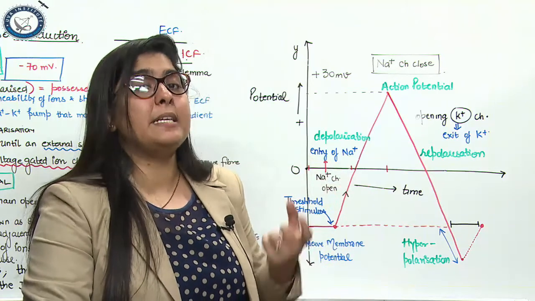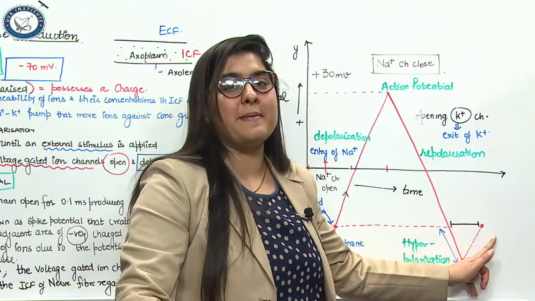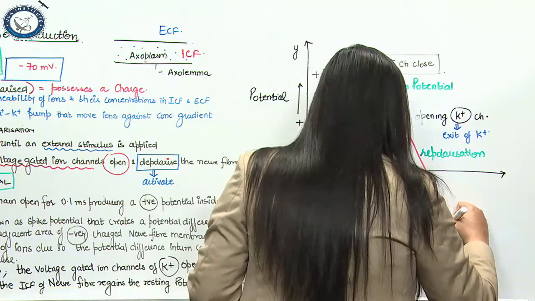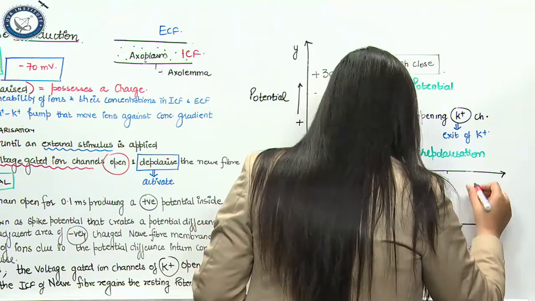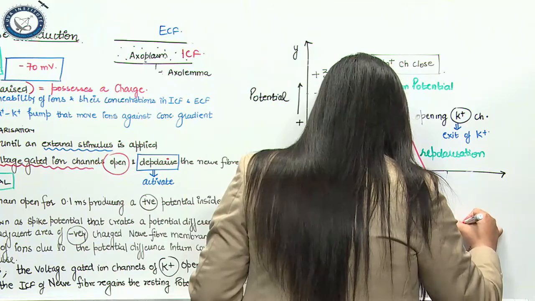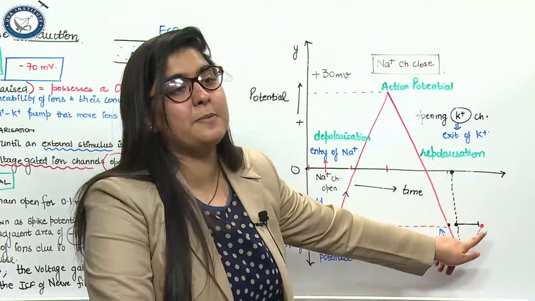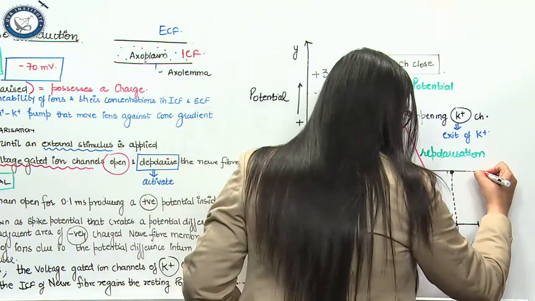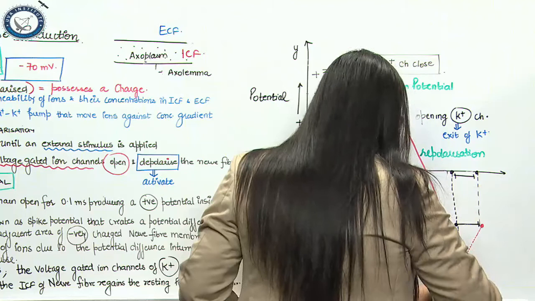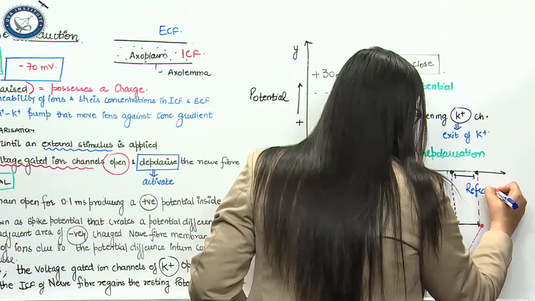Hence, the time period which it takes from a hyperpolarized state to a resting nerve membrane potential, time being on the x-axis, so this time period from the point where it is hyperpolarized, say this point, to the point it gains back its resting membrane potential, is known as the refractory period.